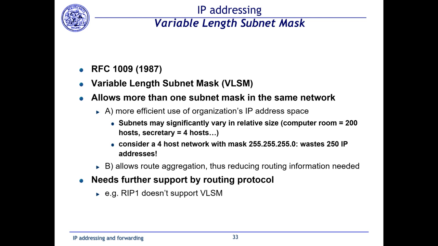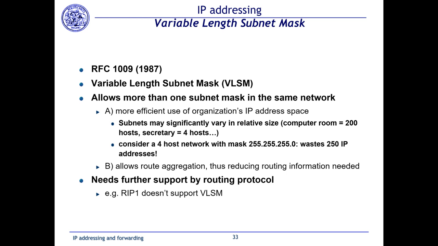Before, in the classful system, the first bits of an IP address were used to identify the size of the network. Now we don't have any way to identify the size of the network from the value of the addresses, because we can create variable length subnet masks.